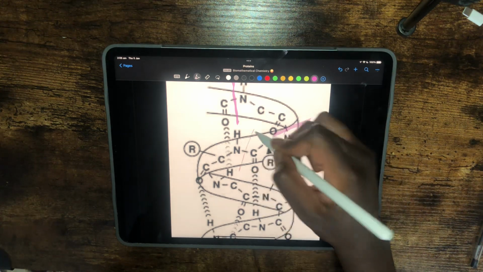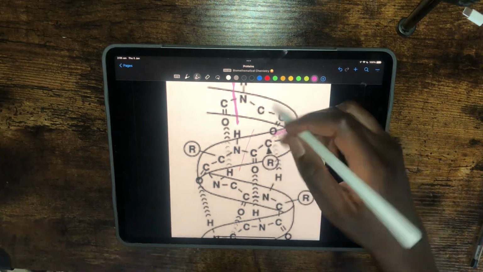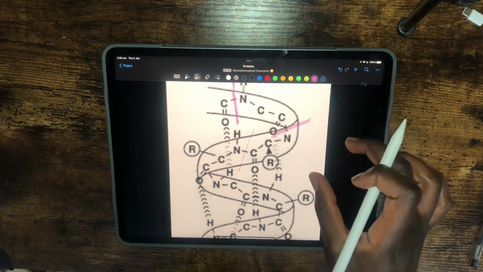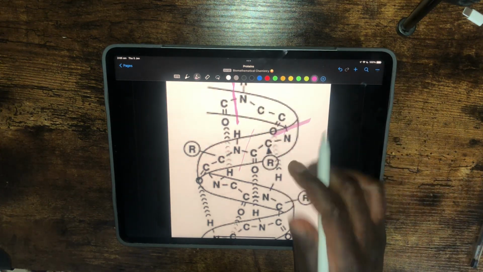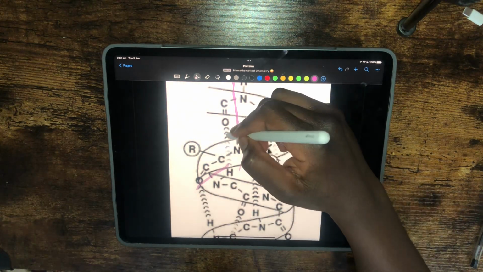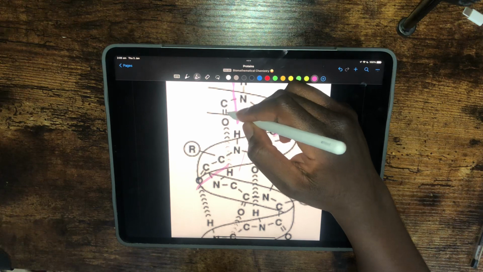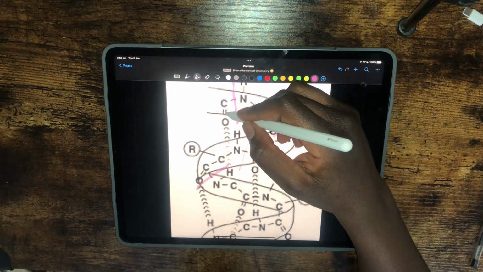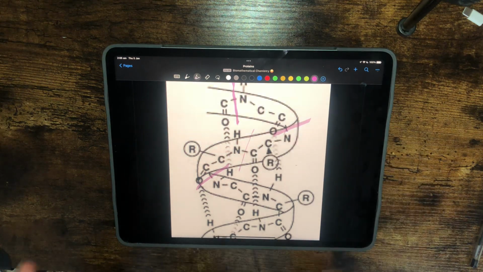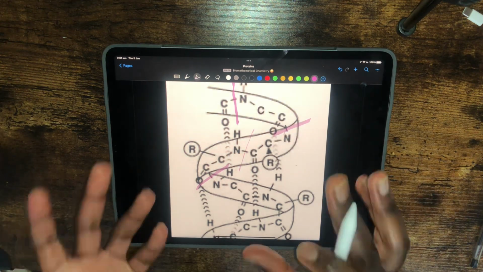So here we go. You can clearly see here that these are separate amino acids. I've tried to separate them out to make it a bit clearer for you to see where they are. But as you can see, there's hydrogen bonding between different amino acids, and that causes it to twist into a certain shape because of the hydrogen bonding.